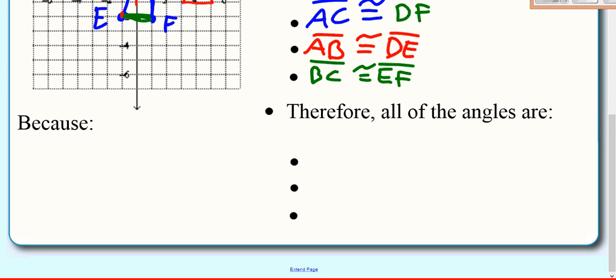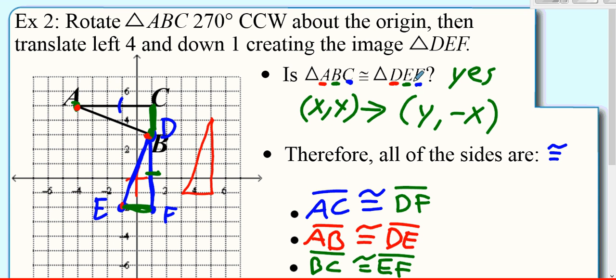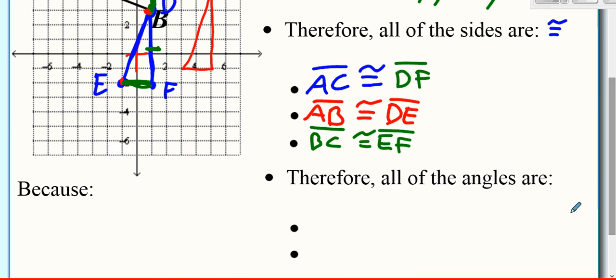So we can also do the same thing with angles, which is going to be really, really easy because we just talked about how from the triangle congruent statement, everything matches up. So angle A is going to match with angle D. Angle A matches and is congruent to angle D. Angle B was the next one.